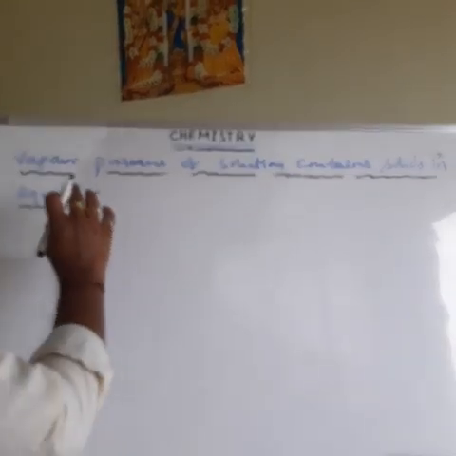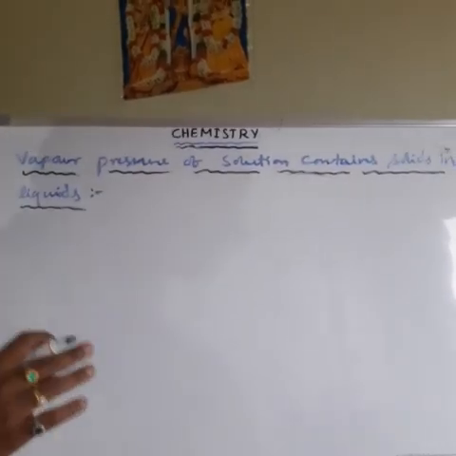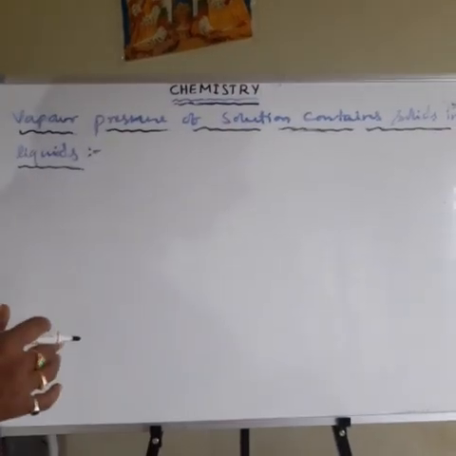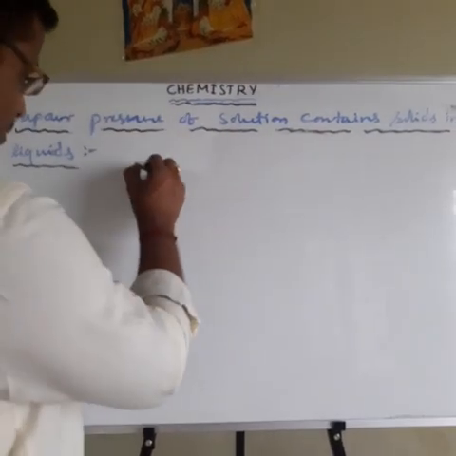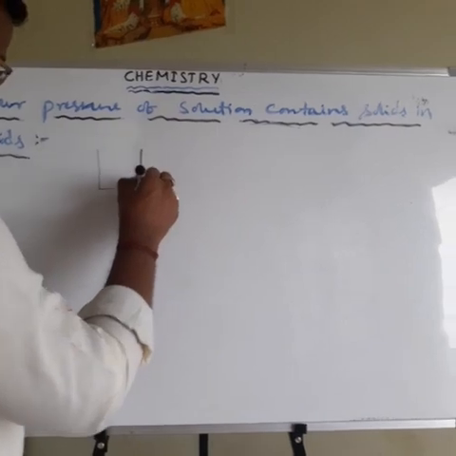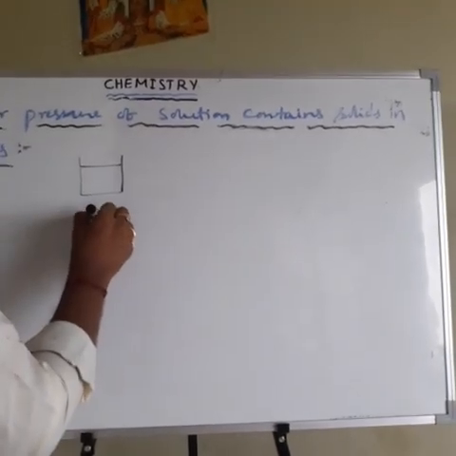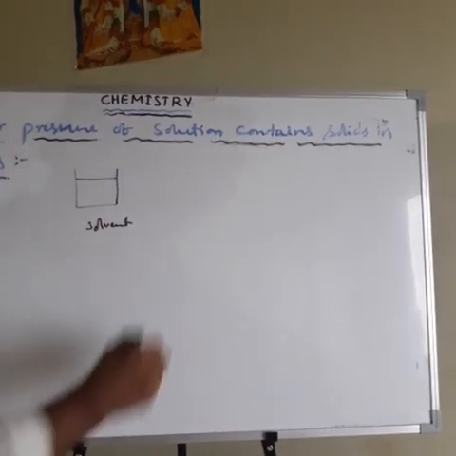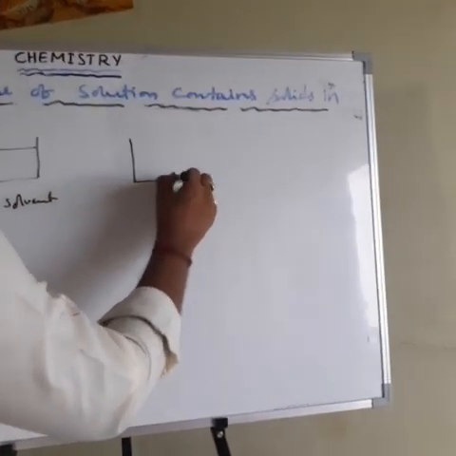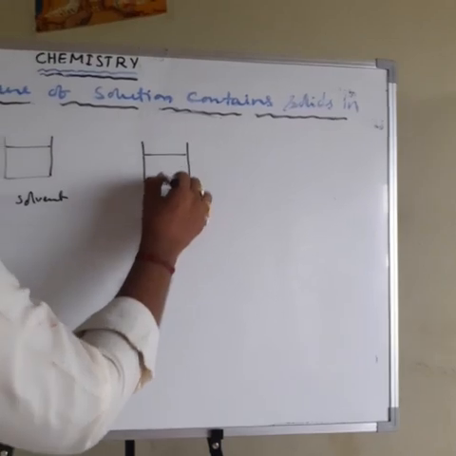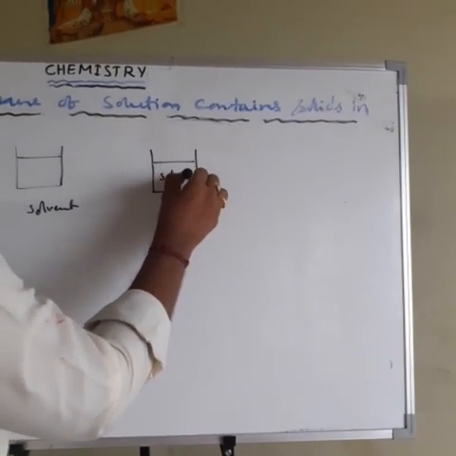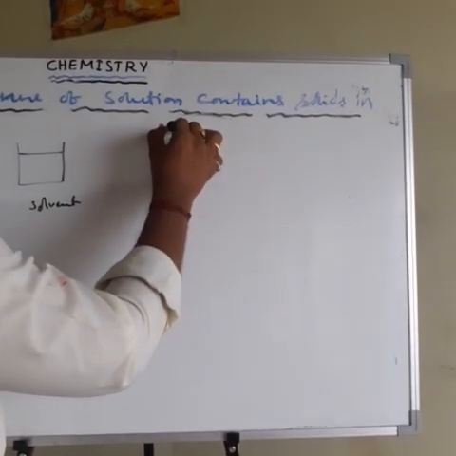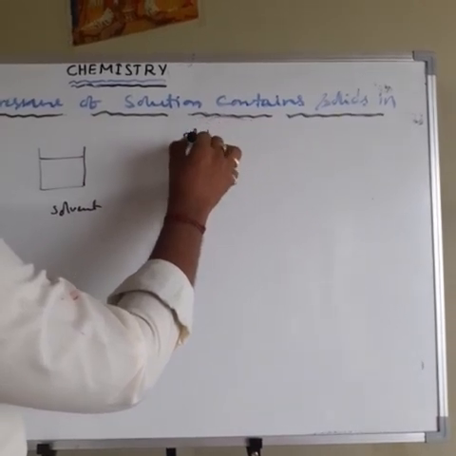So what is the vapor pressure of the pure solvent, and what is the vapor pressure of the solution containing solid solutes? This is a pure solvent taken in this beaker. To this solvent, we are adding the solid solutes.